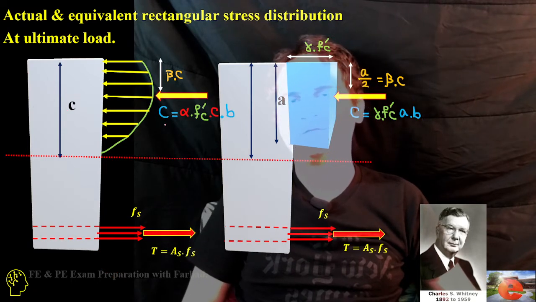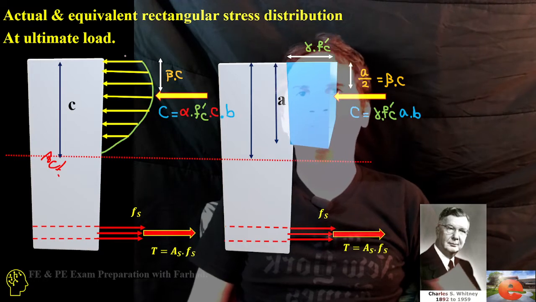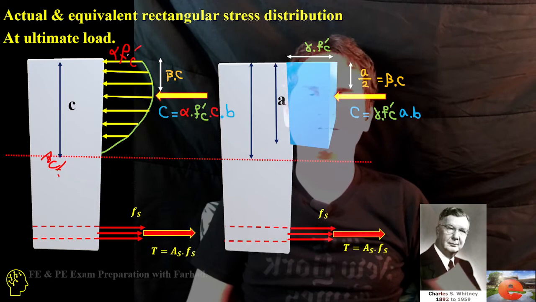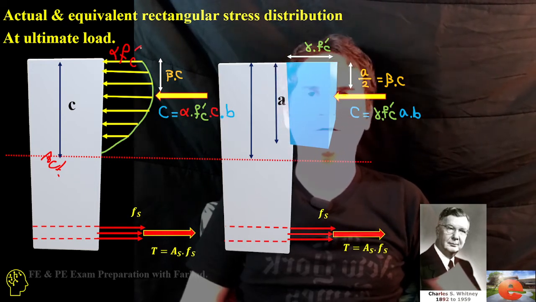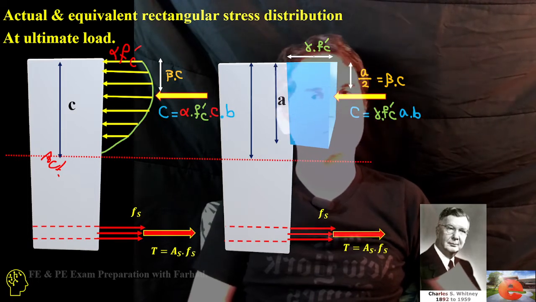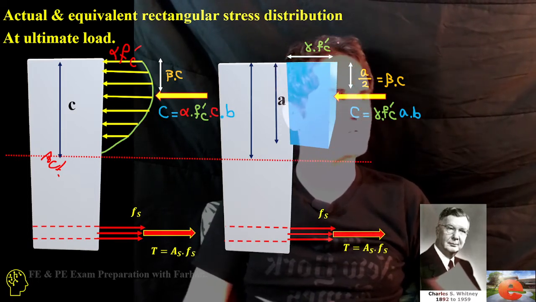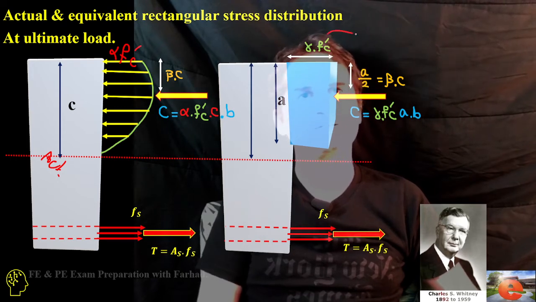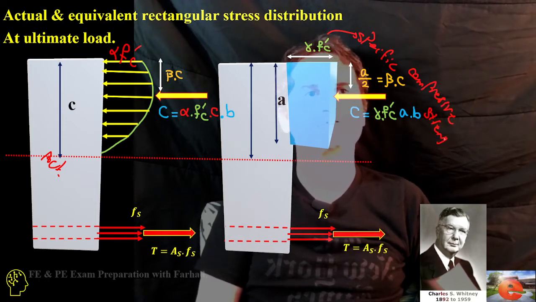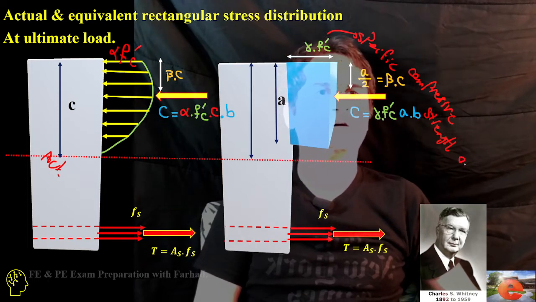If the compressive force in the actual case is, let's say, alpha times F prime C, a coefficient times the specific compressive strength of concrete at the top, then for the equivalent it is gamma F prime C. Those are just coefficients times the specific compressive strength of concrete.